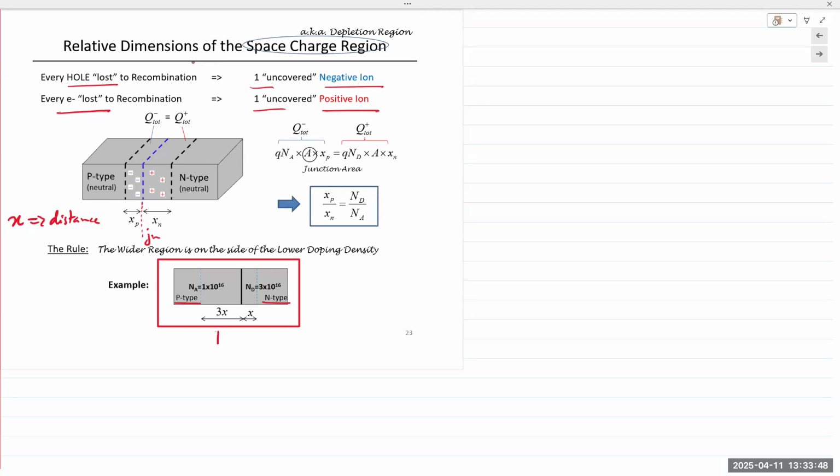You can see here, Xp is 3 times Xn. So the ratio must be the same. The ratio of the distance on either side of the junction is the same as the ratio of the doping profile.